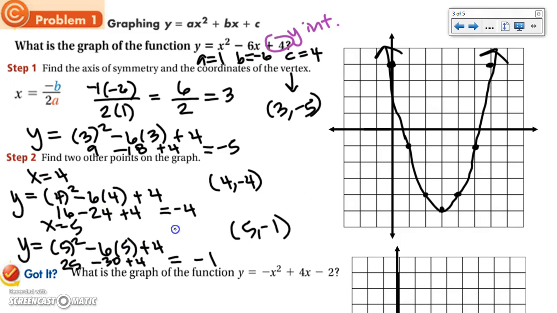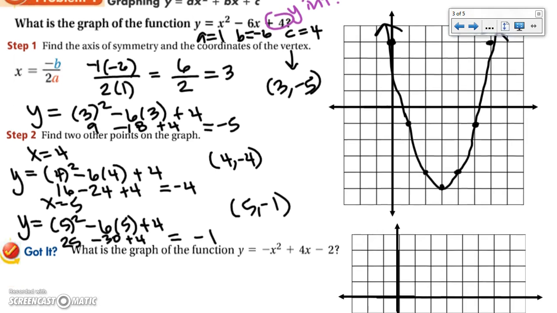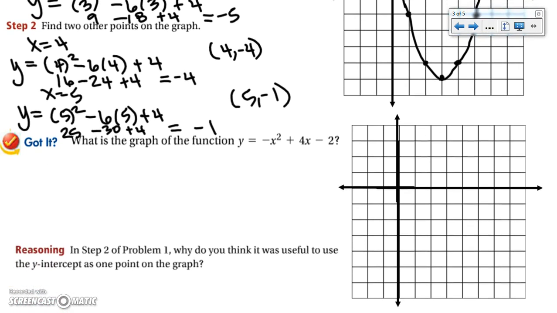I plugged in both of those to get the next points. Since it's symmetrical, I could fill in those points. Lastly, you need to make sure your graph crosses the y-intercept where it says to. In this case, ours was 4. So at this point, go ahead and pause the video and follow the steps we just did to try the got it, and then check again to make sure your answers match.